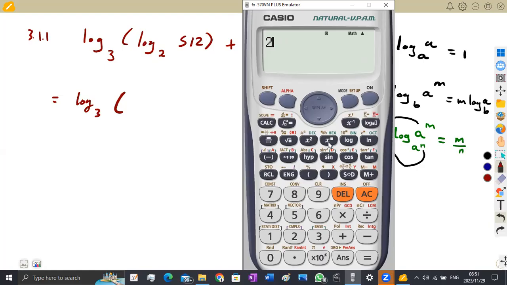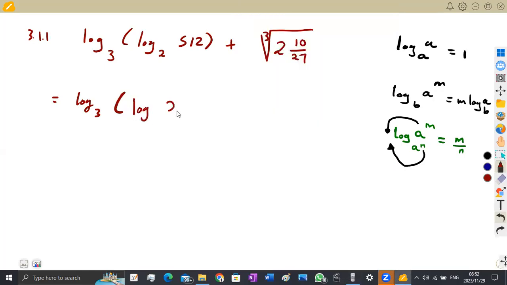You try again 2 to the exponent of an 8, which is 256. You try 2 to the exponent of a 9. This will give you 512, which is this one. So that means we've got the logarithm of 2 to the exponent of 9 in place of 512. It's the same as 2 to the exponent of 9 in base of 2. All right, I'm going to talk about this later on.